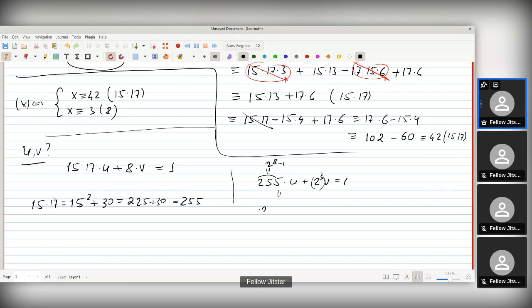This part is 2 to the power 8 multiplied by u plus 2 to the power 3 multiplied by v plus u. How can I make it equal to 1? What should I take for u? What should I take for v? Minus 1 and 32.